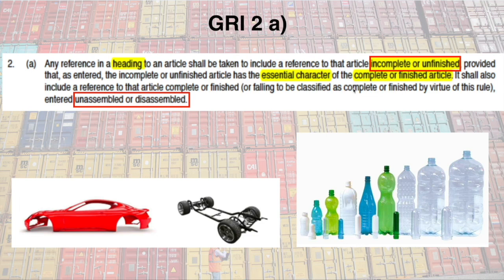For the application of this rule, an article is considered disassembled or not assembled when its different elements or parts are intended to be put together using simple devices such as screws, bolts, nuts, etc., or by welding, as long as they are simple mounting operations.